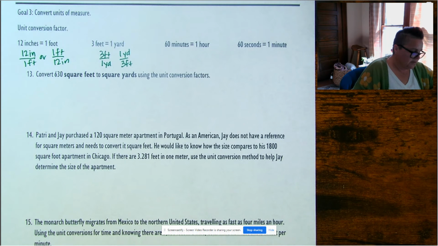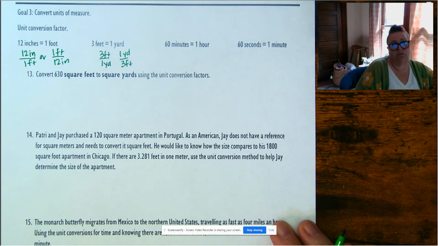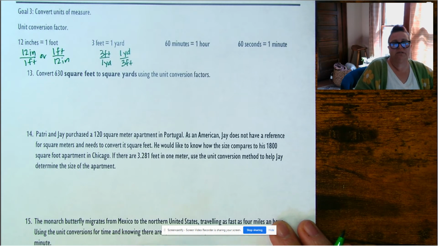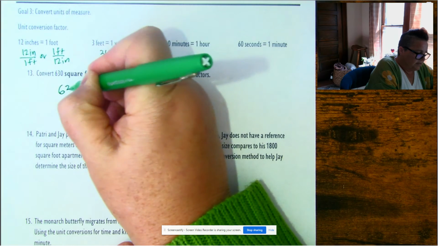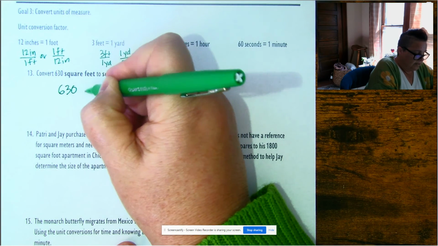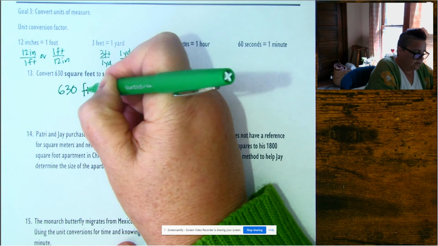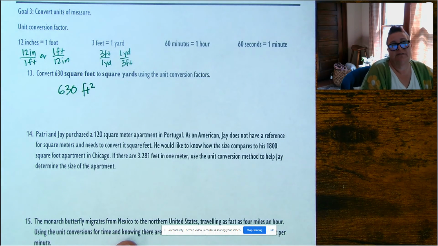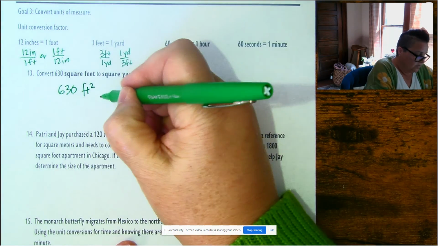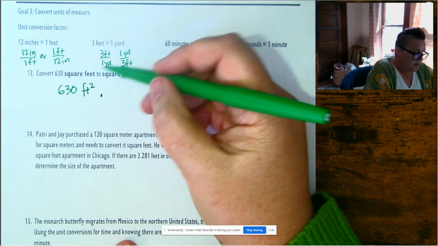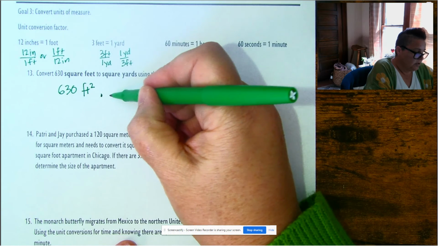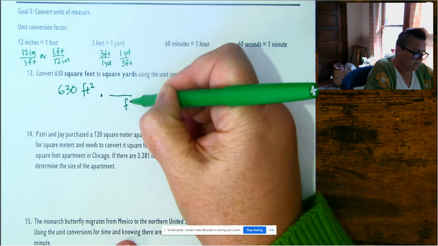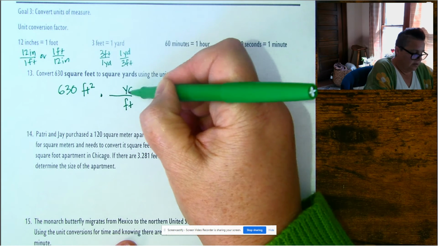Here's one where we have 630 square feet to square yards, and we want to use the unit conversion factors. We start by writing 630 square feet, which is feet squared. We know that there are 3 feet in 1 yard. Now, since we want to convert away from feet and to yards, we want to cancel the feet and leave the yards.